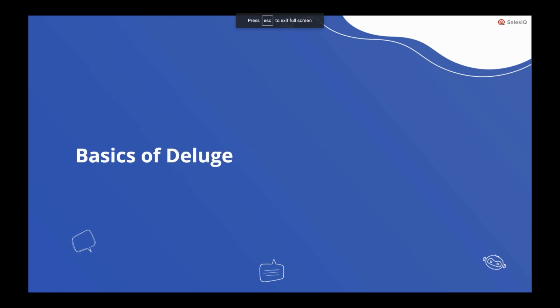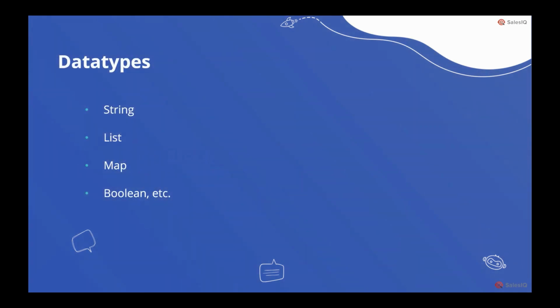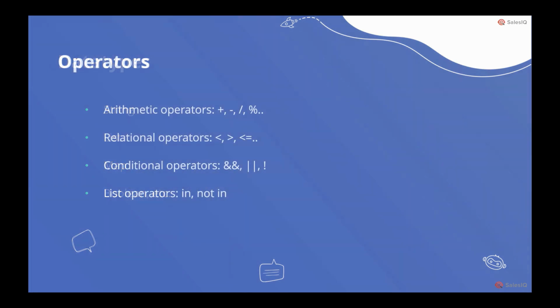So let me quickly brief you on the basics of the Deluge platform. Like any other language, Deluge also has data types like string, list, map, boolean, etc. You will be seeing more of these while we structure the scripts during the later parts of the webinar. And you have operators. We have arithmetic, relational, and conditional operators, and you also have list operators to tell if elements are in or not in.